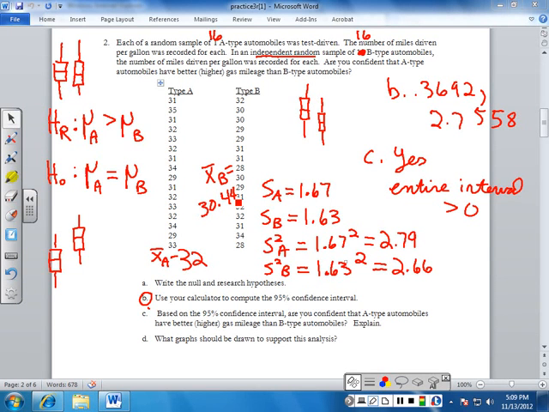And since it's pooled, it would be that relatively big formula, the S squared A times NA minus 1 plus S squared B times NB minus 1 over NA plus NB minus 2, all of that times 1 over NA plus 1 over NB.